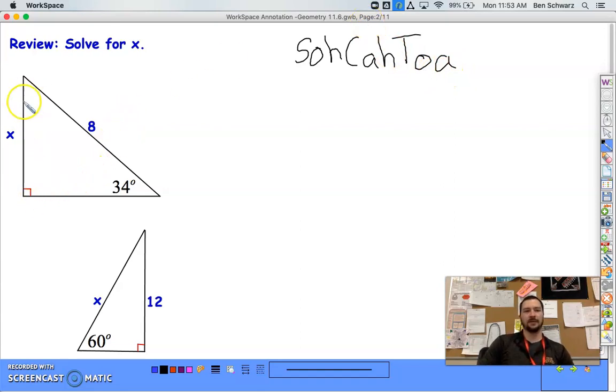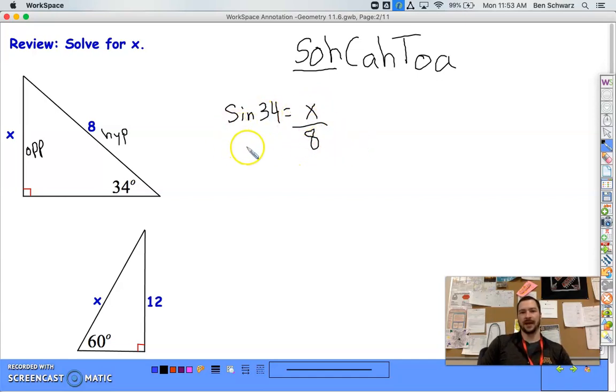So here, if we need to solve for x, we pick our angle, which is 34 here. X is opposite, and 8 is the hypotenuse. So opposite and hypotenuse is going to be sine. So remember, it's sine of our angle, which is 34, equals opposite over hypotenuse, so x over 8.